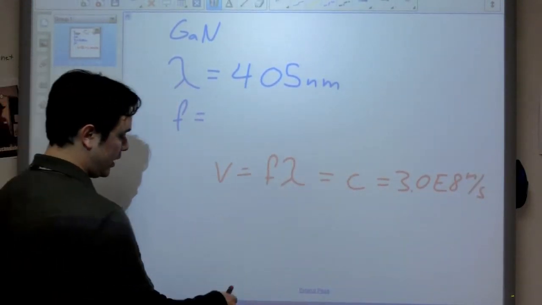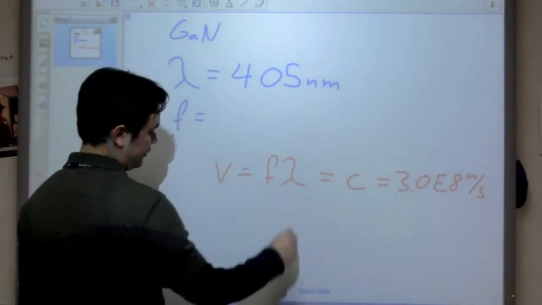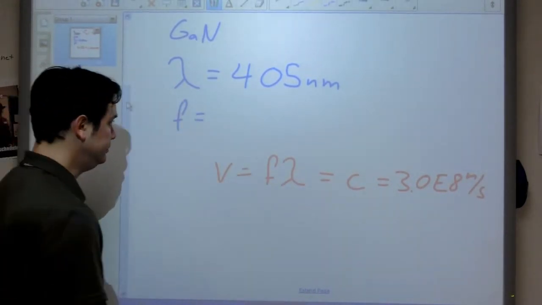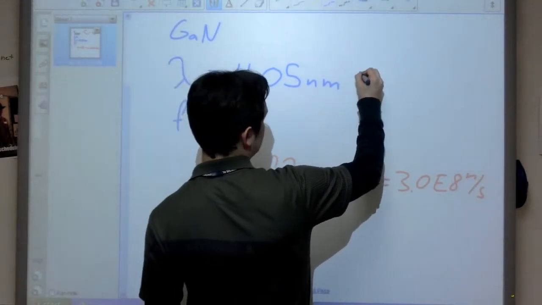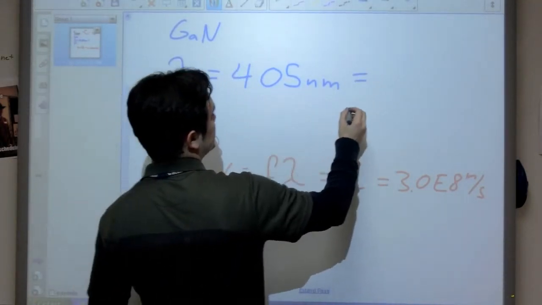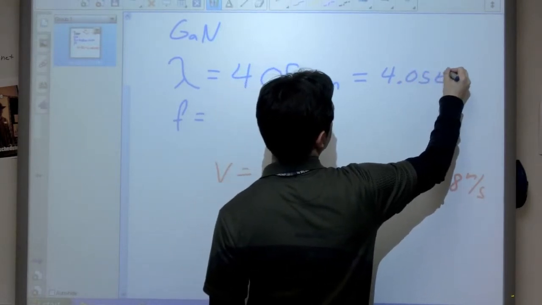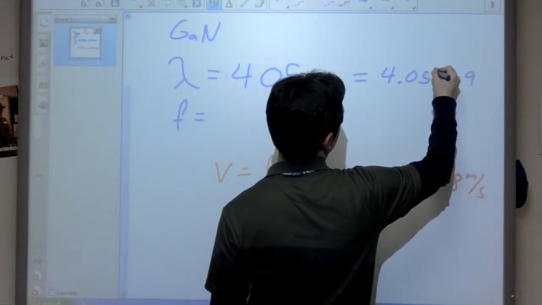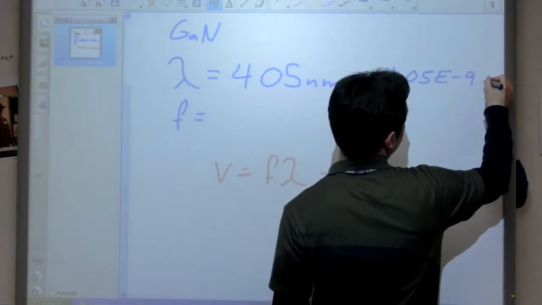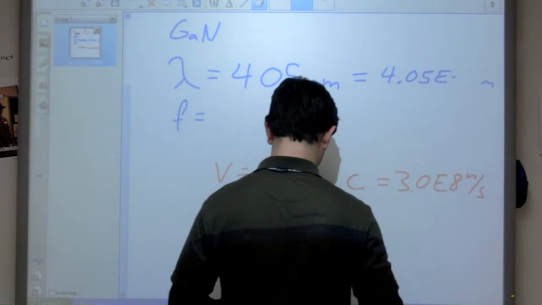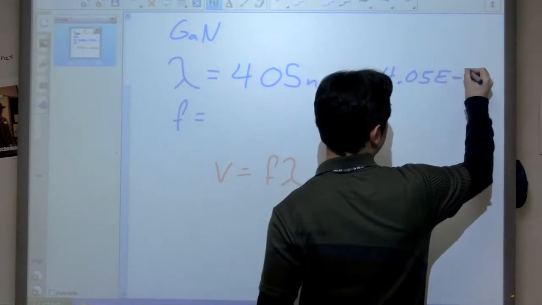All right, I know my wavelength. It is 405 nanometers, but like all of our other equations, we want to use SI units. So this is nothing more than 4.05 times 10 to the negative 7 meters.